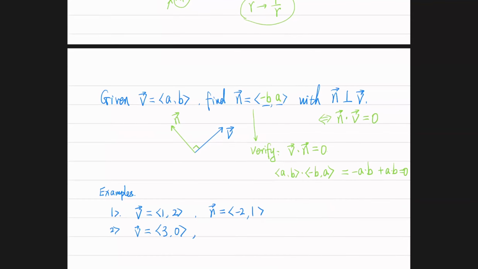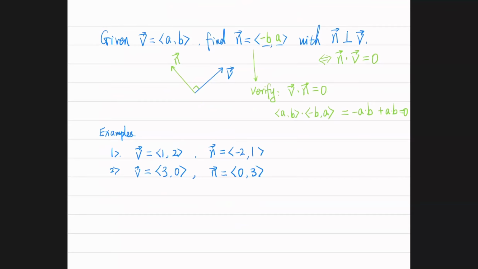Jessica, can you find me a normal vector of V2? 0, 3. Okay, we can check that the dot product is 0.